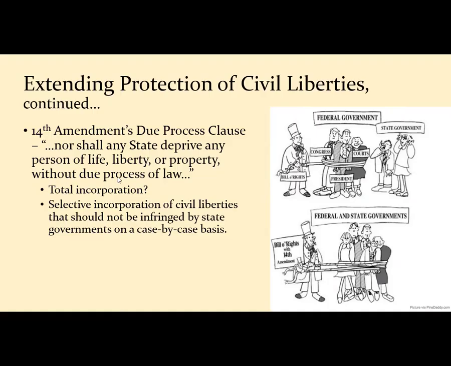And if they find that it is part of the due process protections of the 14th Amendment, then it will be incorporated into that language and protected by the 14th Amendment. So that's what we know as the doctrine of selective incorporation, that case-by-case determination of whether a civil liberty is part of this due process language of the 14th Amendment.